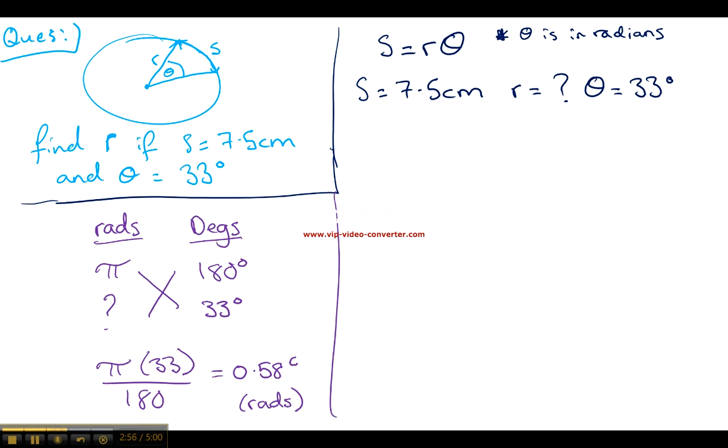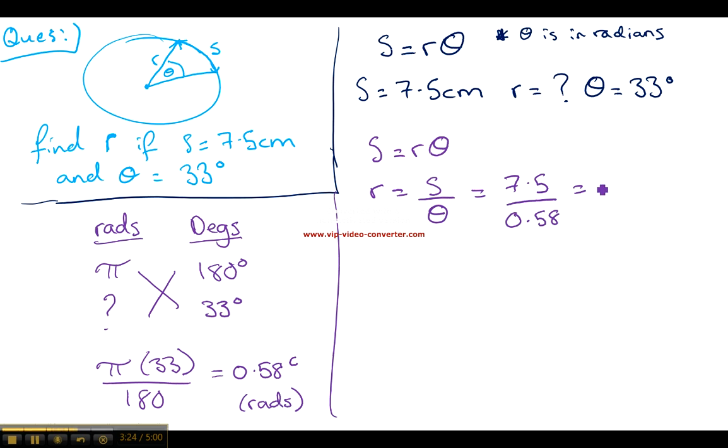We know our arc length, we want to find R. Well, our formula isn't rearranged, so we must rearrange that to find R. So we say, well, if S equals R theta, then R must equal S divided by theta, bringing that theta across. S is 7.5 centimeters, theta is 0.58 radians.